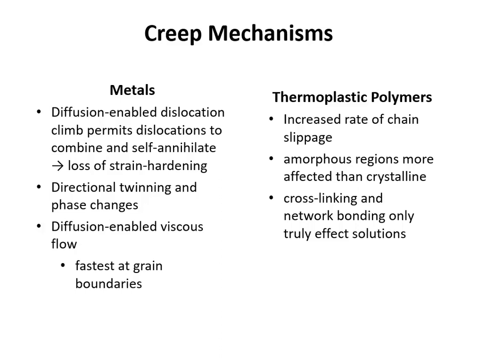They can climb up into another plane, move, combine, self-annihilate, and all of a sudden we went from something with a high yield that was highly strain hardened to something that might have 1/4 of the yield strength and no longer has the ability to resist yield for the design stress. So in that case, we literally changed a material in situ. Generally with creep, you at the same time will have net plastic deformation due to whatever applied load the material is under.